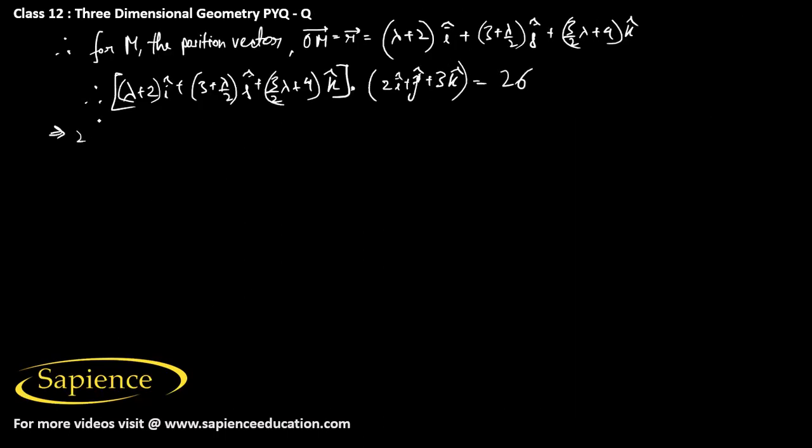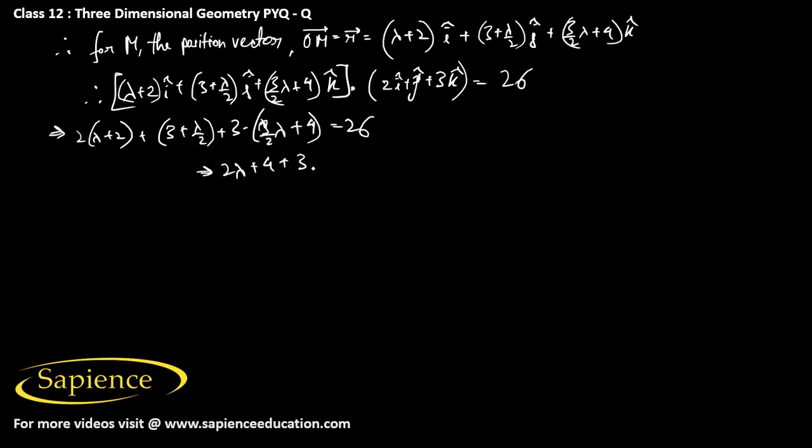So then we can write this will be 2 into (lambda plus 2) plus (3 plus lambda by 2) plus 3 into (3 by 2 lambda plus 4), that is equal to 26. So then we will get 2 lambda plus 4 plus 3 plus lambda by 2 plus 9 lambda by 2 plus 12, that is equal to 26.